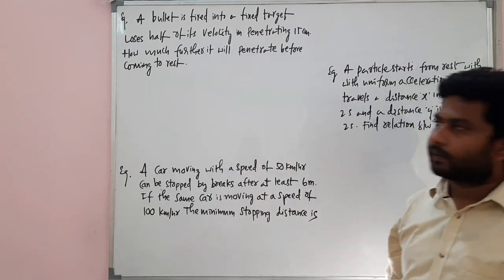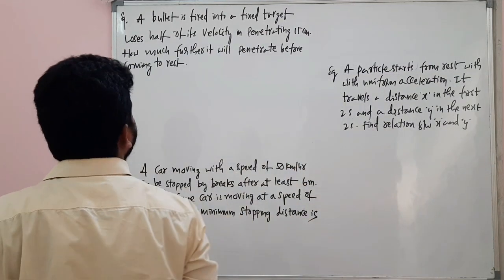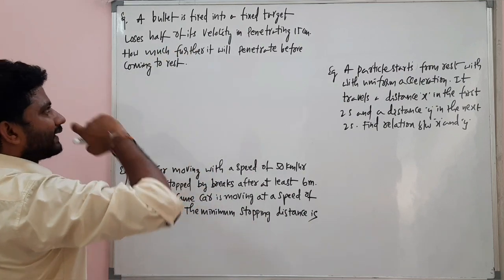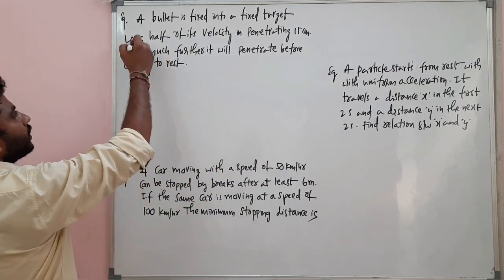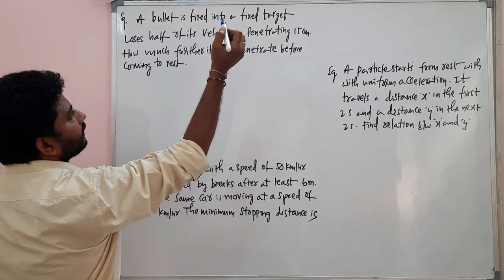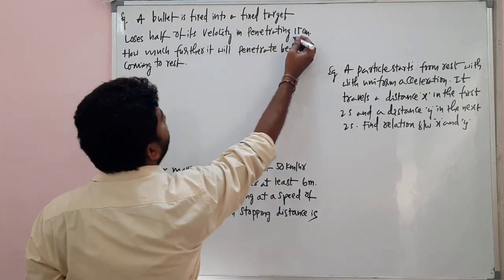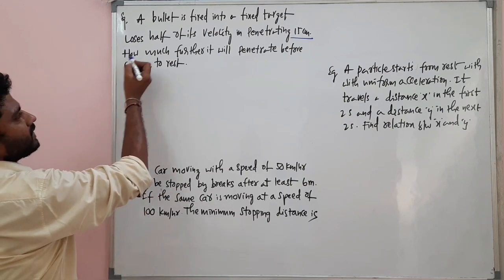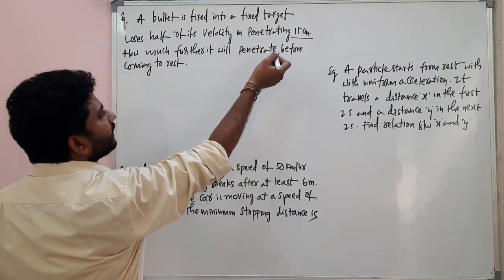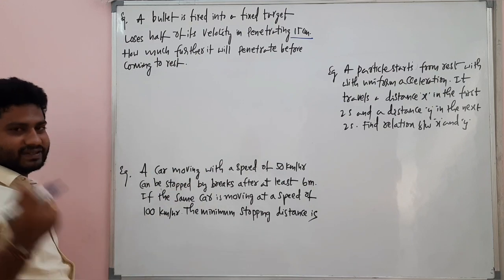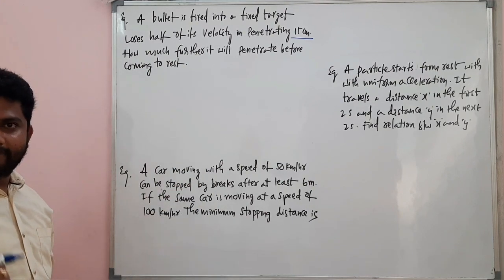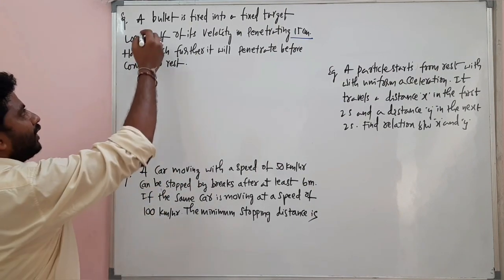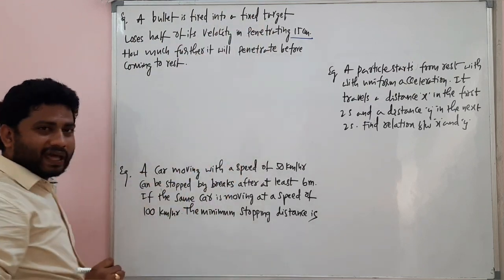Number 1. A bullet is fired into a fixed target and loses half of its velocity in penetrating 15 centimeters. How much further will it penetrate before coming to rest? Clear? A bullet is fired into a fixed target.